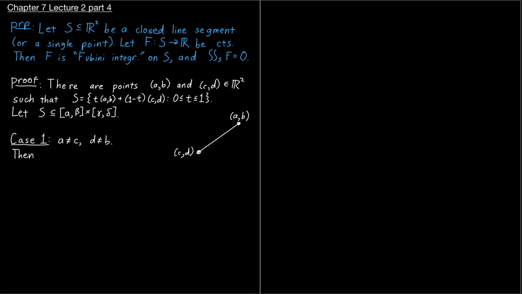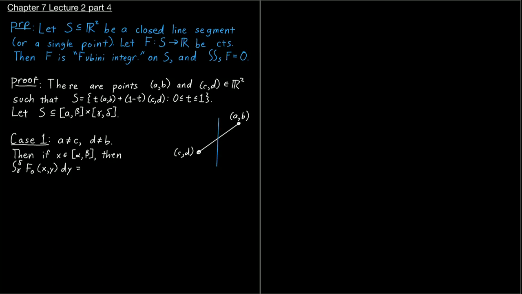So if x is in our first interval, then the integral of f naught, our extension by 0, of xy dy. That means we're integrating over a vertical line segment like this.